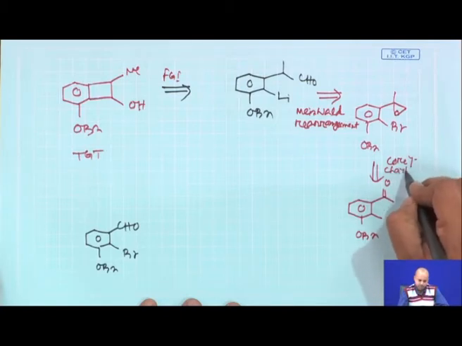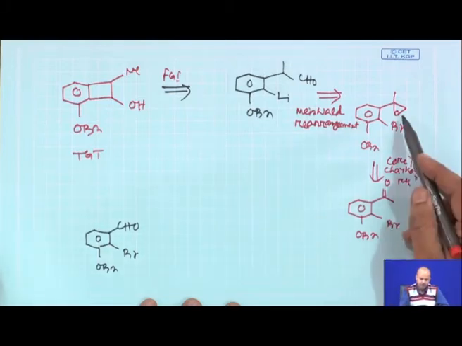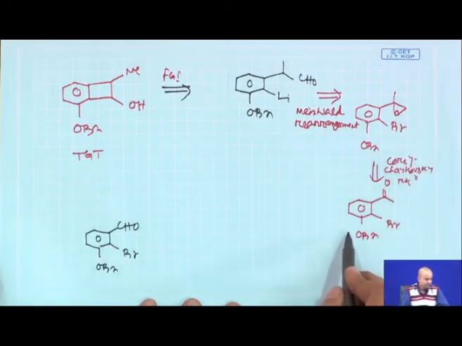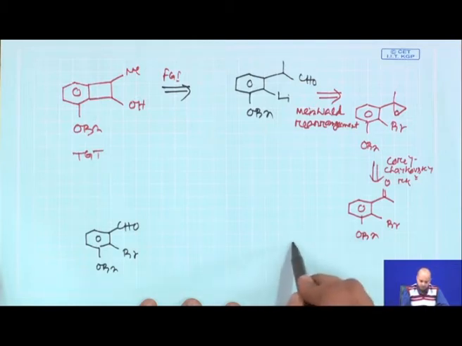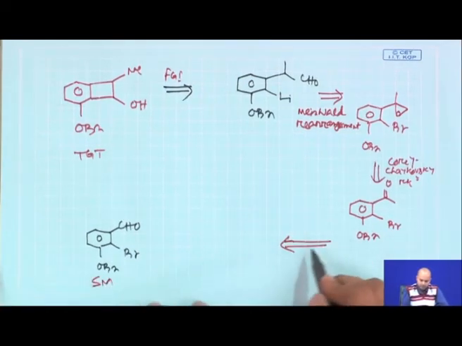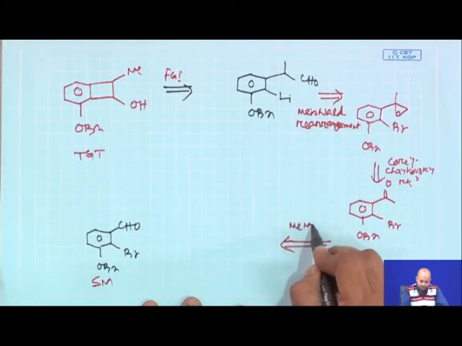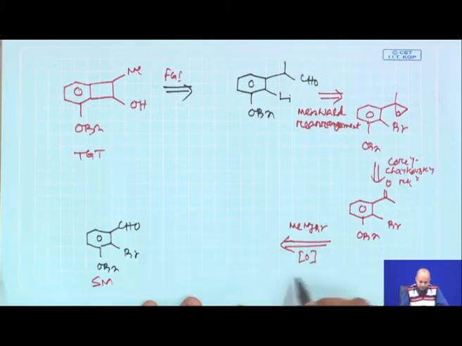So, Corey-Chaykovsky reaction of this ketone will give you this epoxide. Now, this is quite similar to the starting material. What you basically need to do is a methyl magnesium bromide addition and oxidation, which is FGI.